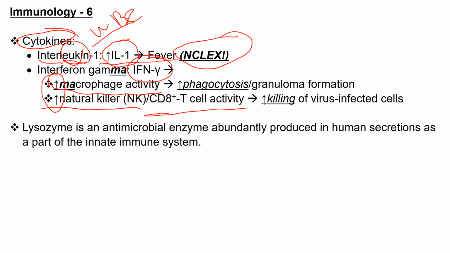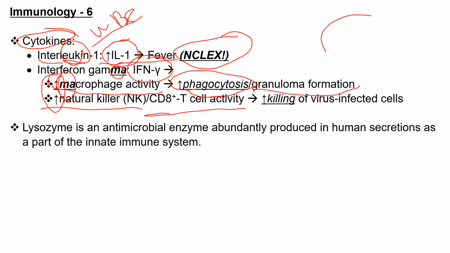Natural killer cells are those lymphocytes that had punctations, the granules I showed you in class. So what interferon gamma does, gamma macrophages, is that it increases the ability of macrophages to do what they normally do. They increase phagocytosis and increase granuloma formation.